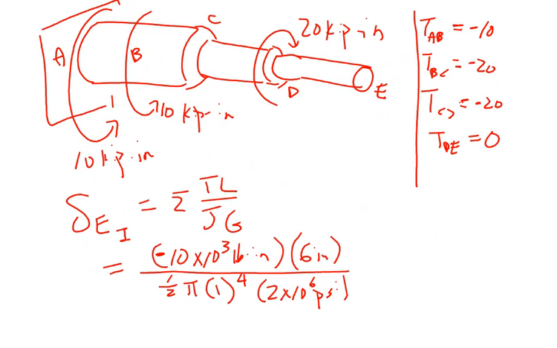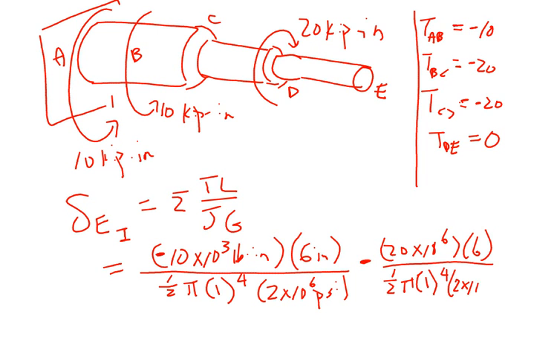Okay, the next term is BC. That's going to be a minus again. 20 times 10 to the 6 times 6 inches. Right. 1/2 pi 1 to the 4th. 2 times 10 to the 6th. And then the third term is minus 20 times 10 to the 6th.